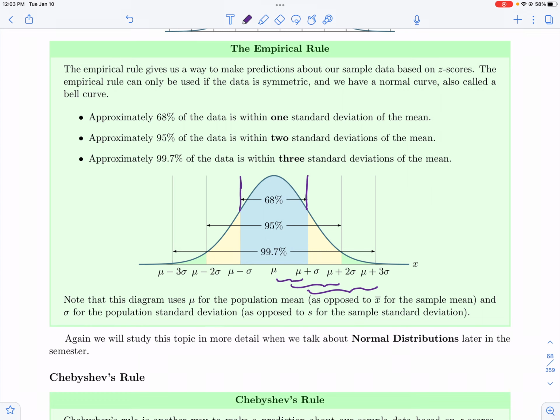So if you're within that range, we know that 68% of all the data is going to live there. If we go out to two standard deviations, the yellow and the blue combined, 95% of all the data is going to live between those two values.